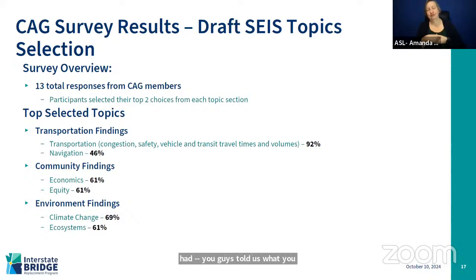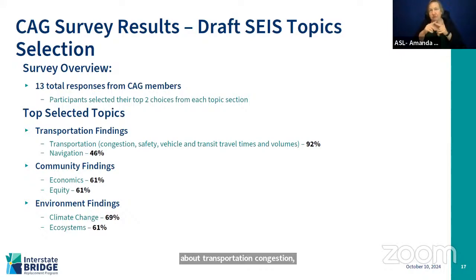We had 13 responses from CAG members, and these were the top selected topics. For transportation findings, 92% of respondents selected that. So tonight we're going to talk about transportation congestion, safety, vehicle and transit travel times and volumes.